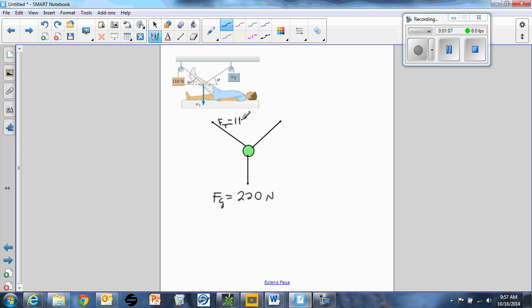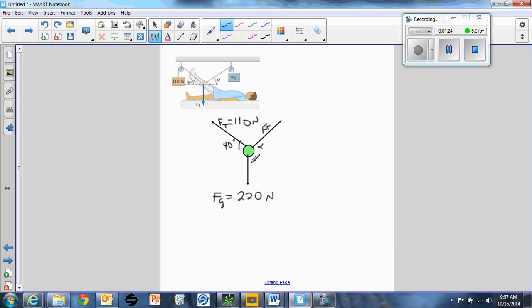That's at 40 degrees. This one's alpha, I don't know it, and this is an unknown Ft.